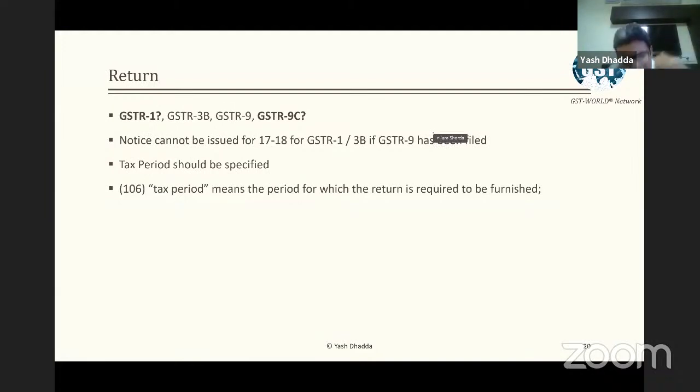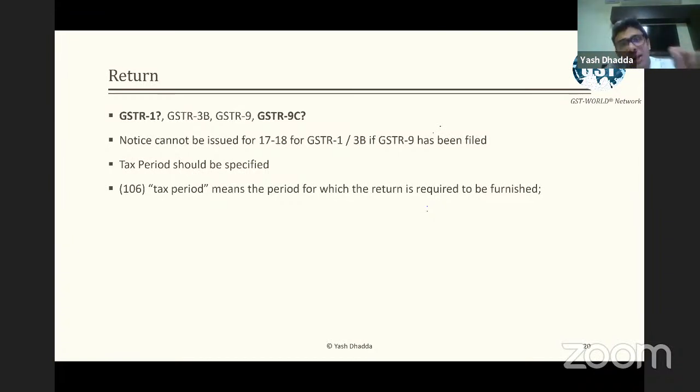Because once I file all my annual returns, मेरा जो भी monthly return है, they all get subsumed there. Law had given me the power, law had given me the opportunity to make necessary corrections in my annual return. I have done that. Once I have done that, please don't issue notices on the basis of my monthly returns because I've already taken care of them. So that is one strong argument which one can give.